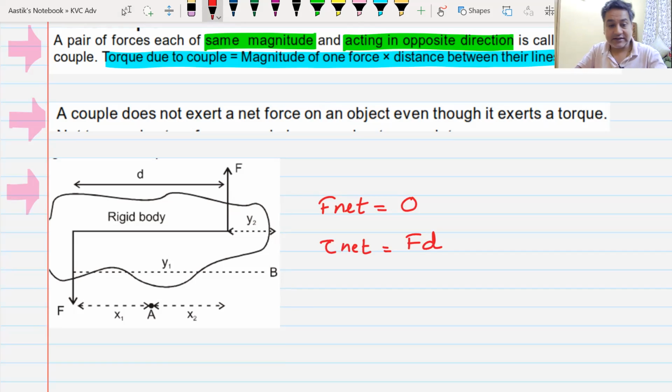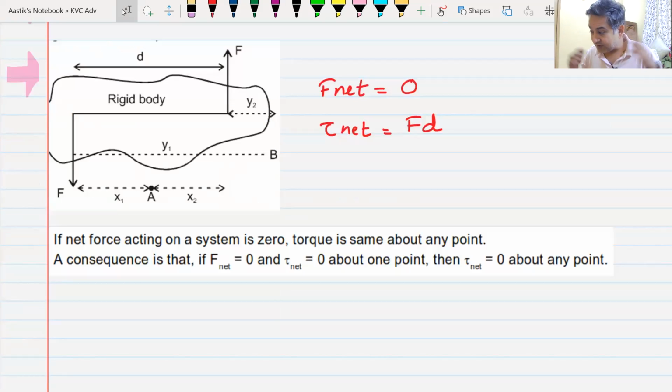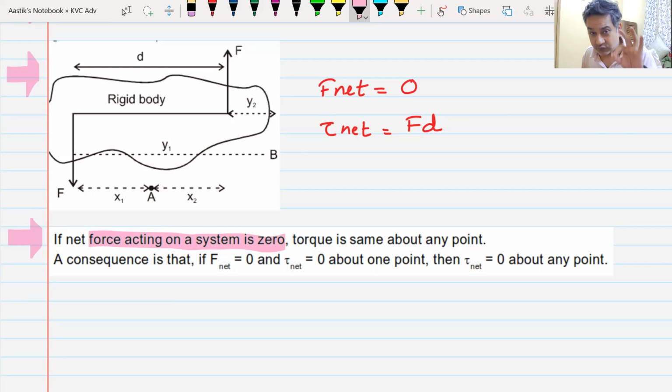One more point you must remember, and that we will use. When we say that this net torque is F into D, remember this net torque is about any point in the universe that you find. If the net force acting on a system is zero, the net torque is the same about any point.